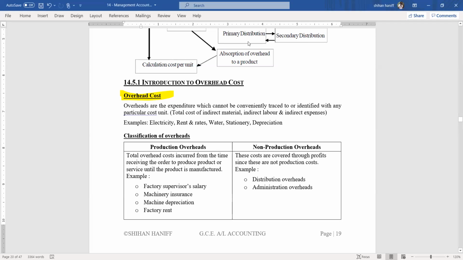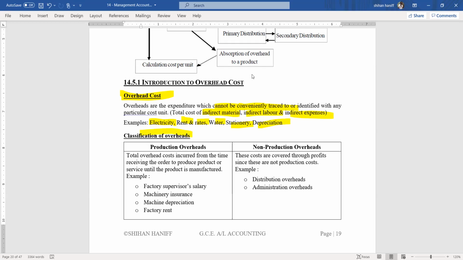You cannot trace or identify with any particular cost. Right? So simply indirect material, indirect labor, and indirect expenses. Examples like electricity, rent, rates, water, stationery, depreciation. Right? So these are the overhead costs.